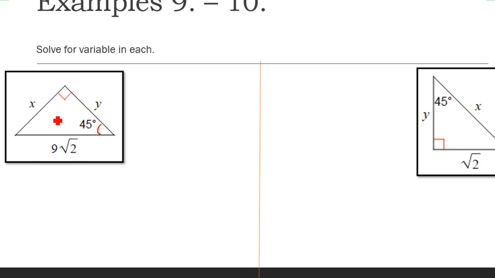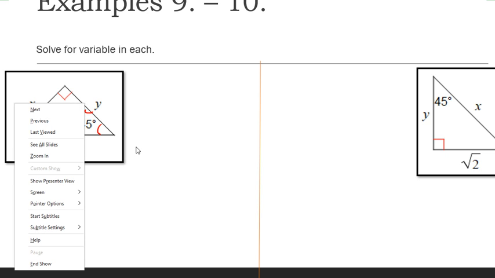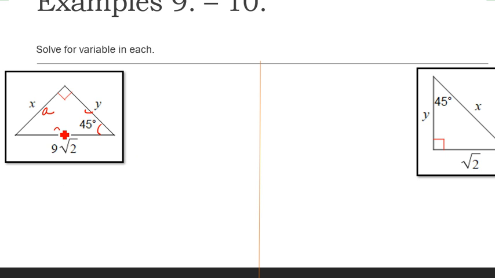So that means we have a, a root 2, and this was a. So the side that's given to me is right here. And what I know is that a root 2 is equal to 9 root 2.